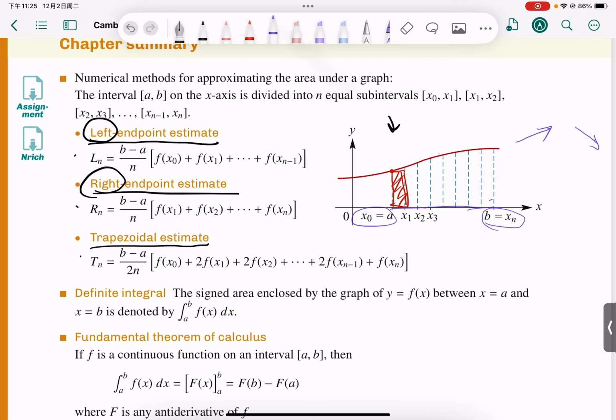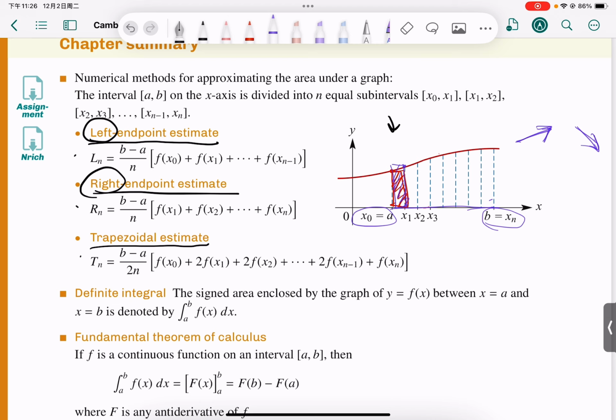This is left endpoint, right? But if I want to do a right endpoint in purple, obviously the purple one is larger. So if the curve is rising, then the right endpoint estimate is larger than the left endpoint. In contrast, for the decreasing one, we'll have the opposite answer.